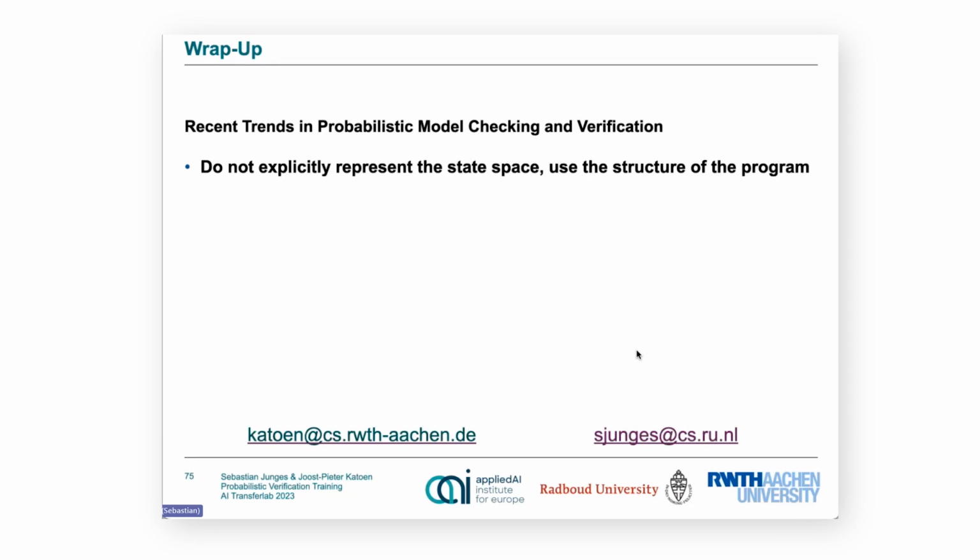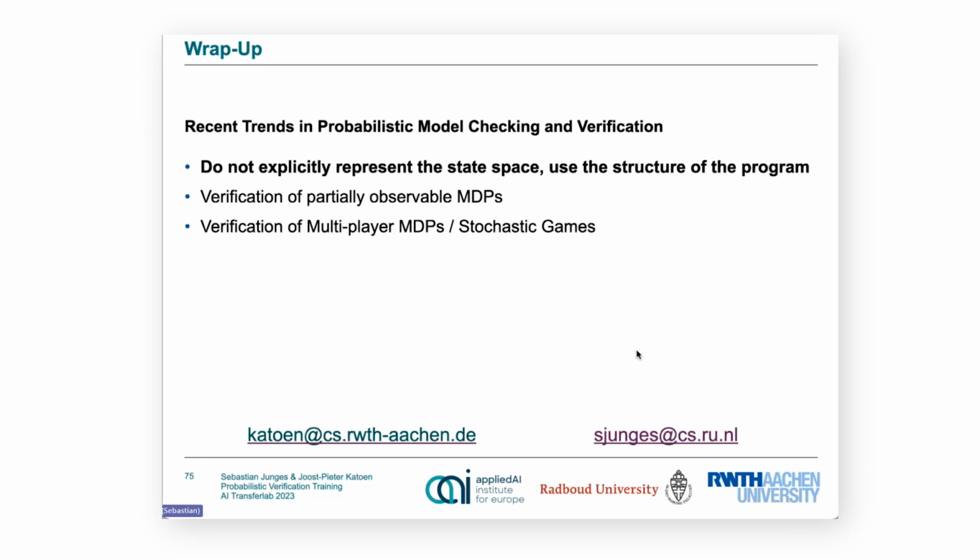That makes it possible to go into situations where you have more than billions of states. There's a lot of work going on in verification of partially observable MDPs, not just via parameter synthesis, but in lots of other directions. We've not talked about those today. There's lots of work on multiplayer MDPs and stochastic games, also not covered, but with lots of interest also on our side.